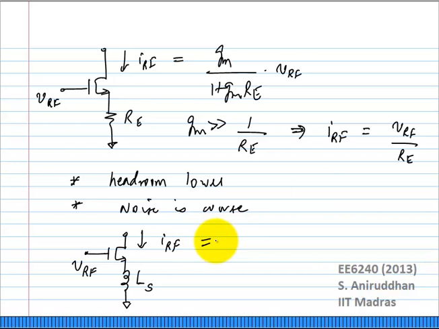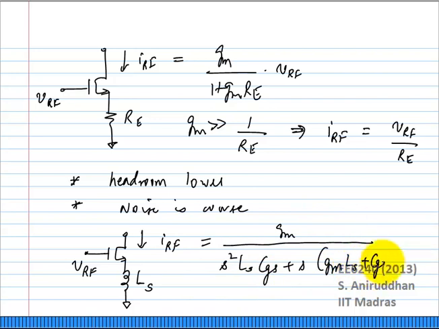The overall Gm of this will be Gm by (S² Ls Cgs plus S Gm Ls plus 1), times Vrf. Now, in combination with the CGS of the transistor, this is obviously a second order system. Remember that.